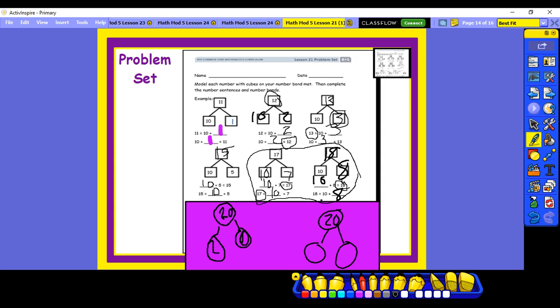The whole amount is still 20. What would your two parts be, thinking about your groups of 10? Yes, your two parts would be 10 and 10. They looked at this and said, this is a 2, so they pulled down the 2.